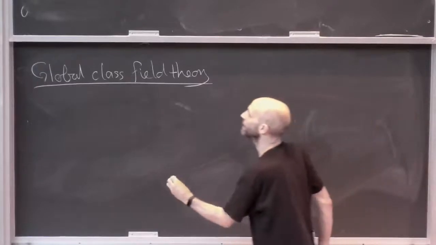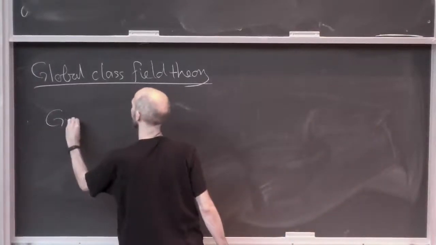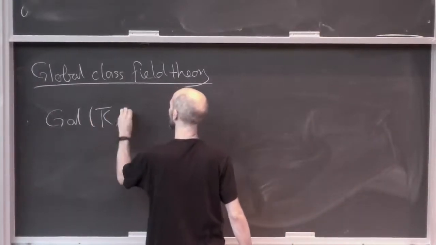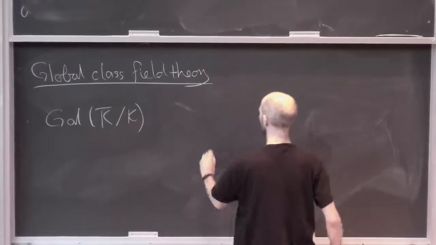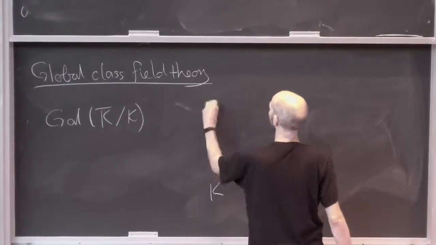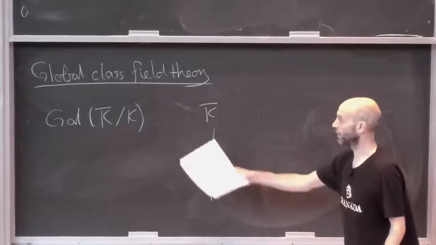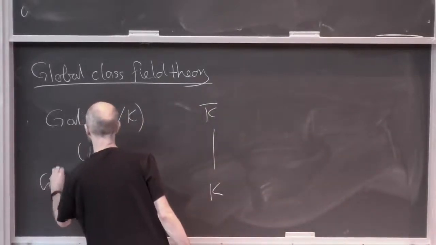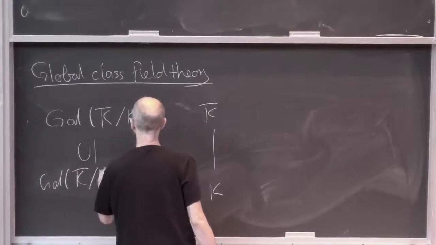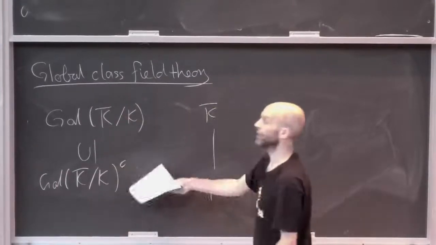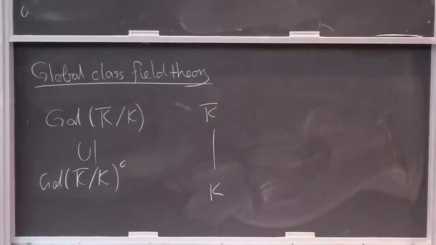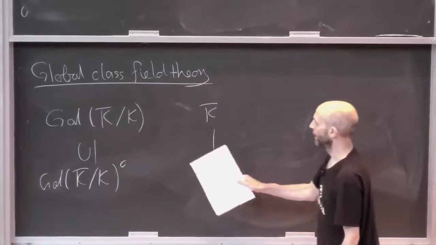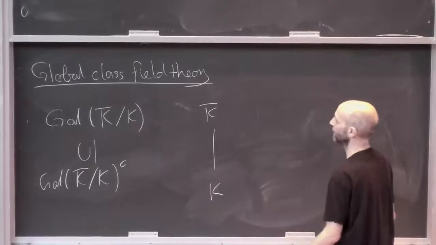Let me just say, we've got Gal(K bar over K). I've got K and I've got K bar here, and there's a Galois group. This contains a commutator subgroup, Gal(K bar over K) C, which is the closure of the abstract algebraic commutator subgroup. And then the quotient is abelian.